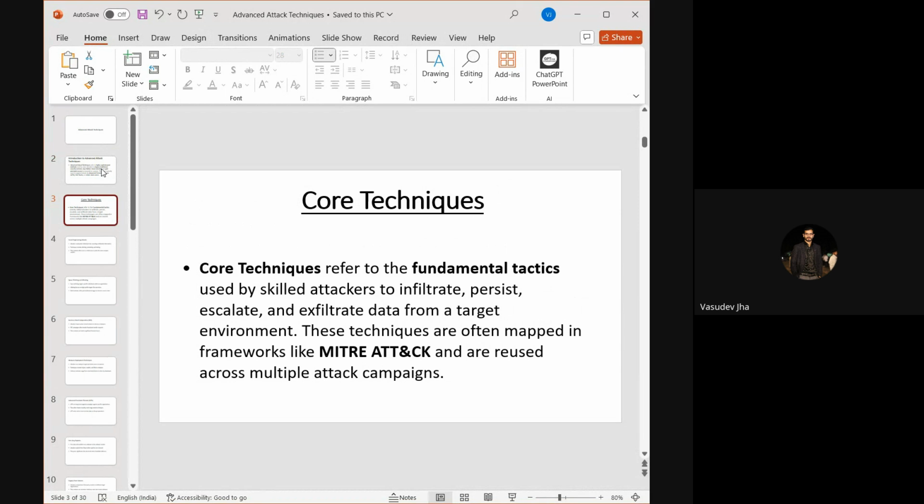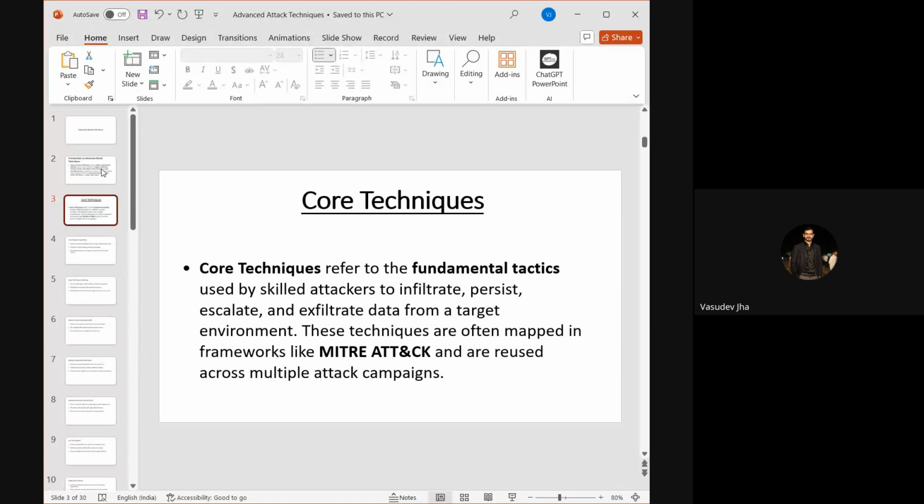Core techniques refer to the fundamental tactics used by skilled attackers to infiltrate, persist, exploit, and exfiltrate data from a target environment. These techniques are often mapped in frameworks like MITRE ATT&CK, and are reused across multiple attack campaigns.